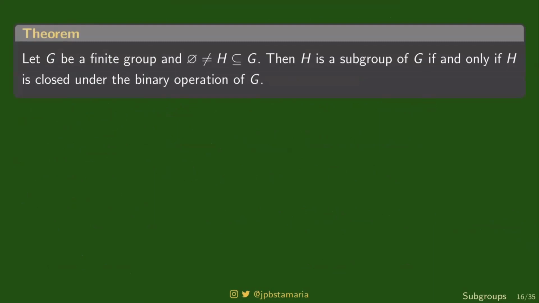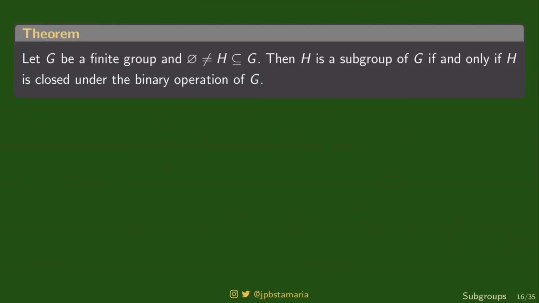So let G be a finite group and H is a non-empty subset of G. Kailangan yung G mo finite, okay? Then, ano sabi? H is a subgroup of G if and only if H is closed under the binary operation of G.